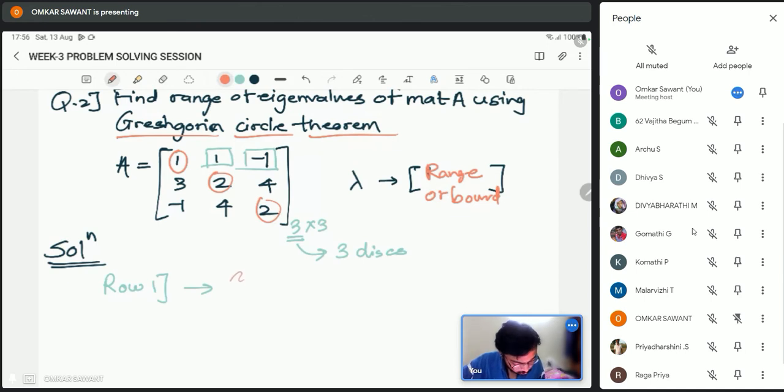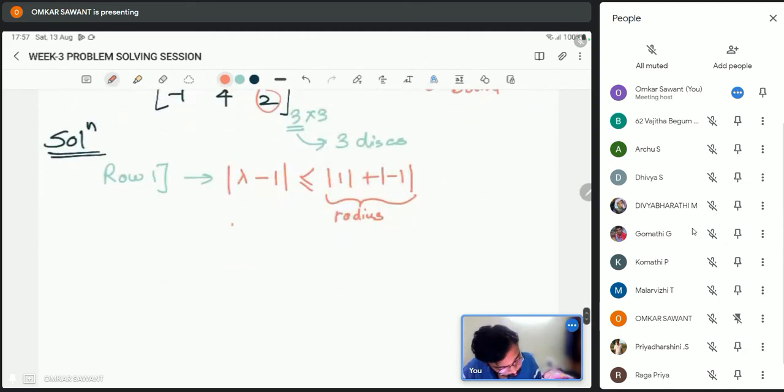Your first is |lambda minus 1| less than the off-diagonal sum. This is the radius of your Gershgorin disk. So it should be less than 2, right?